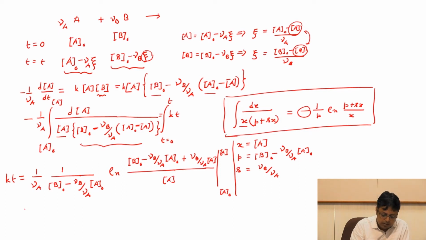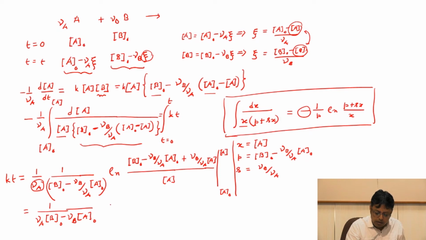So I can now simplify it. If I multiply this term with this entire thing, I'll have 1 divided by nu a b0 minus nu b a0, and then I have to take the upper and lower limits. In the upper limit, when I'm writing a as a, you remember what this entire thing was?